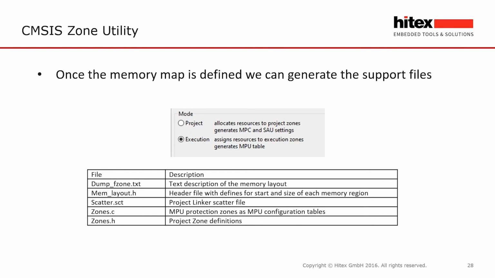So that generates a coherent set of files that we can manage, update, and change very quickly and very easily. So that saves an awful lot of work and also guarantees that it comes out correct as well.